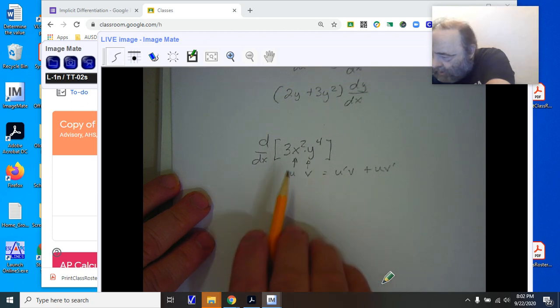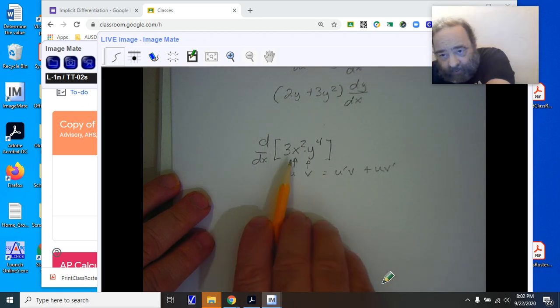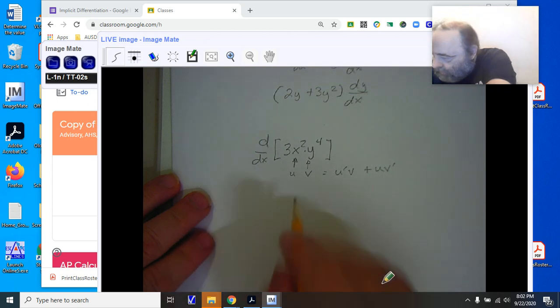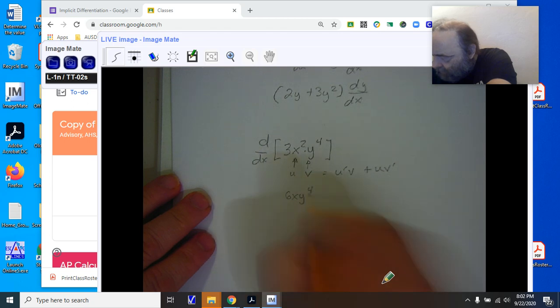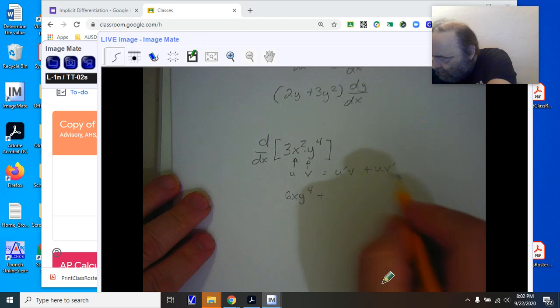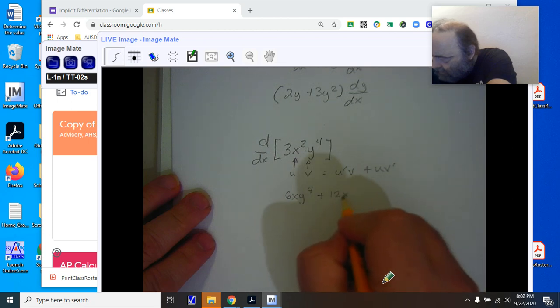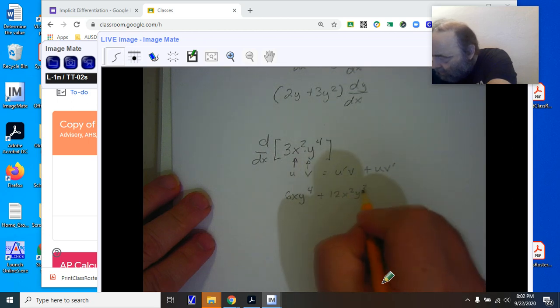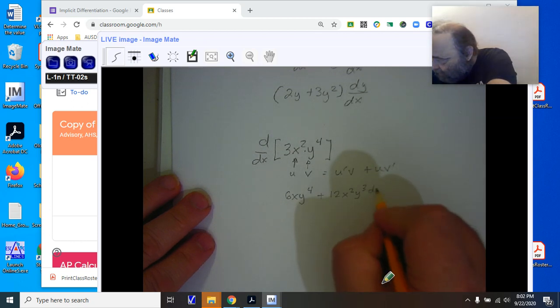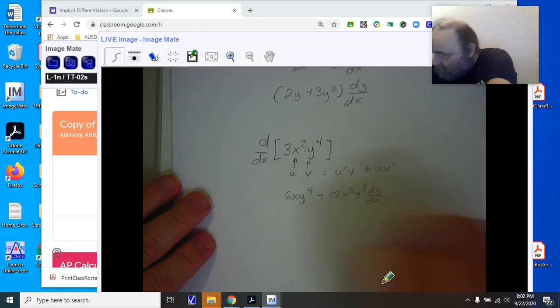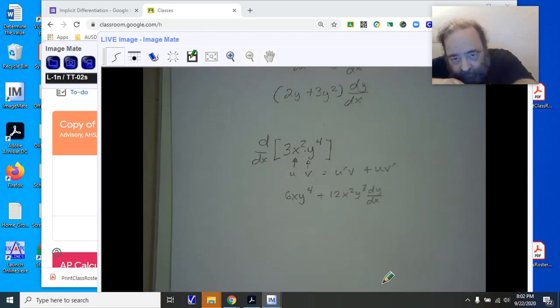And then we have the u and u prime, and that's going to be our explicit portion. So we have 6x y to the fourth plus, now here it comes, 12x squared y cubed. That's the derivative. And then we add our dy/dx. So notice there's always a dy/dx. We're going to need one when doing implicit differentiation.